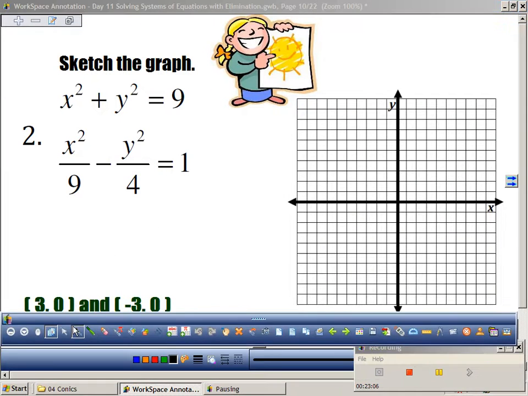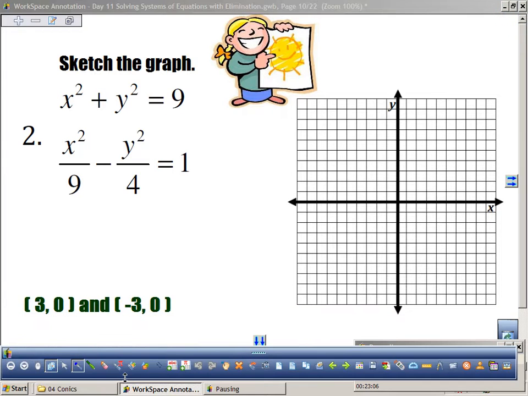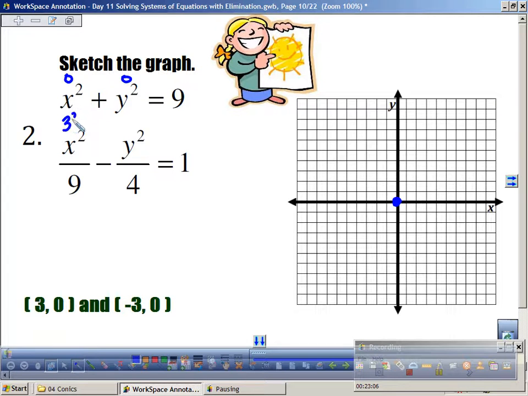The first one you guys said was a circle, right? The center is at 0, 0. If I were to divide both of them by 9, then my r squareds would be 3 squared and 3 squared, right? So we're going to go out 1, 2, 3, 3, 3, 3. There's my circle.